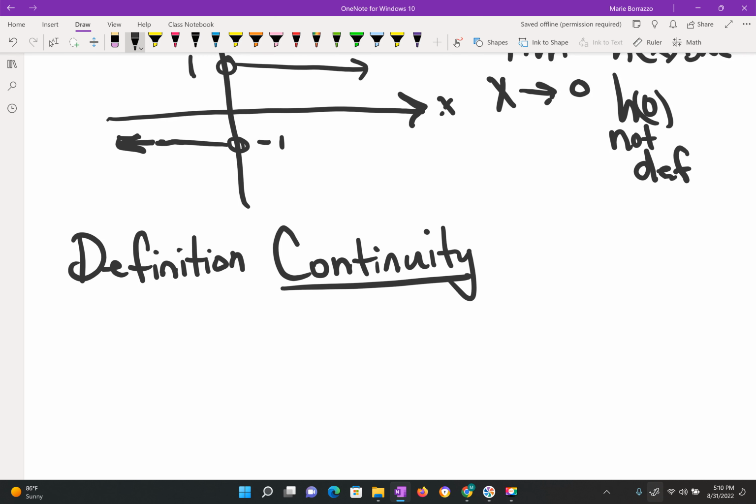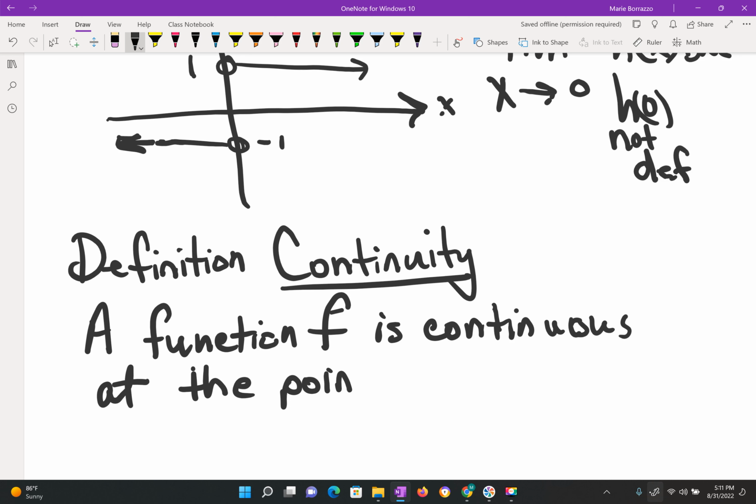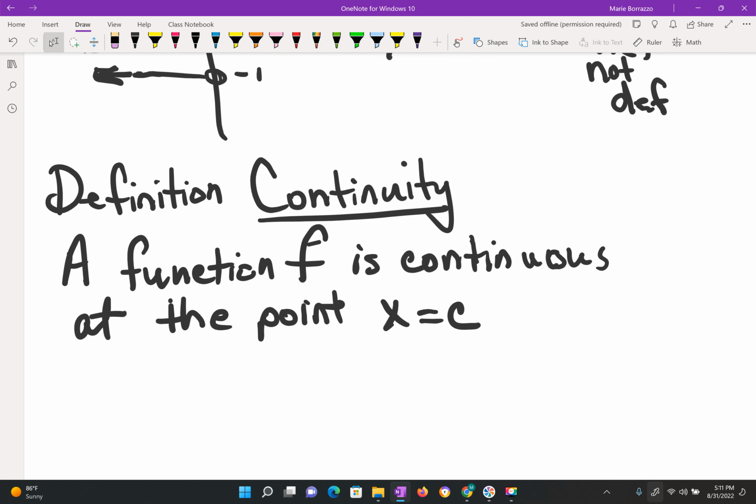It says a function f is continuous at the point where x equals c if.